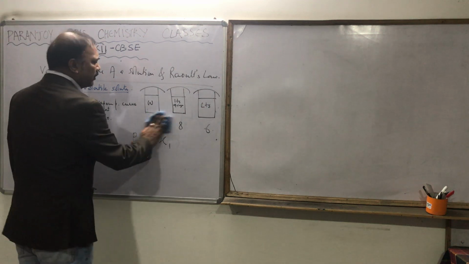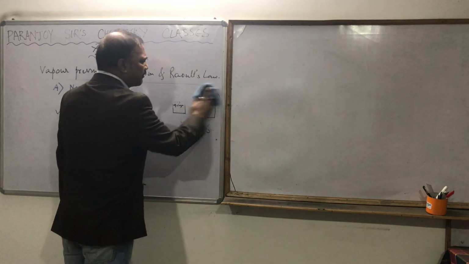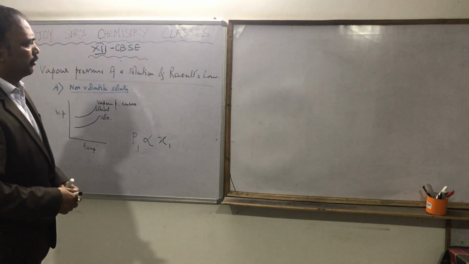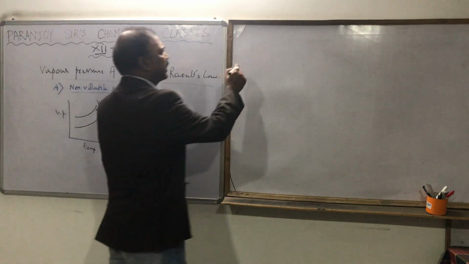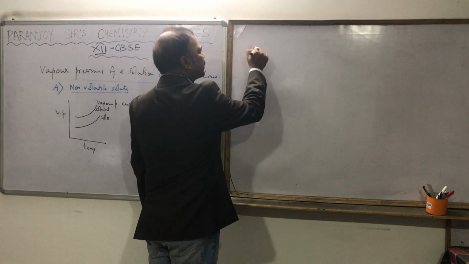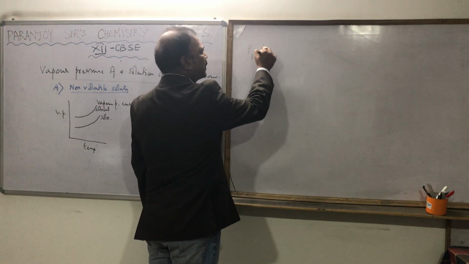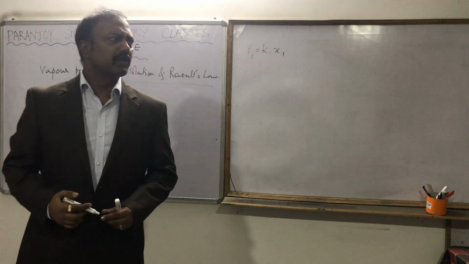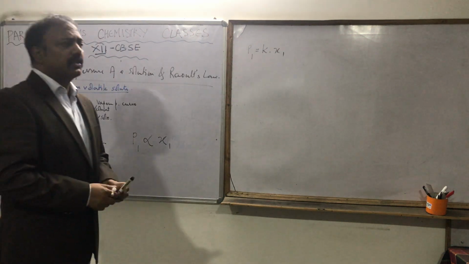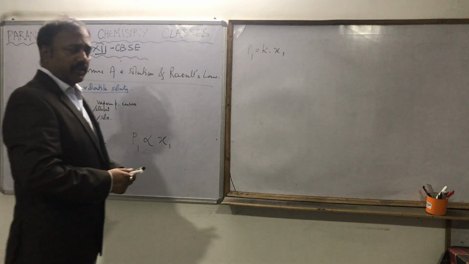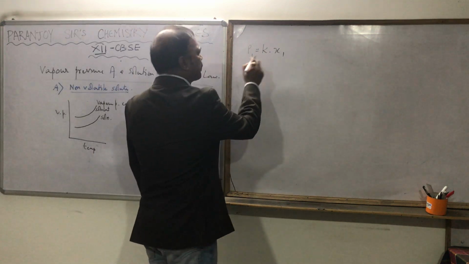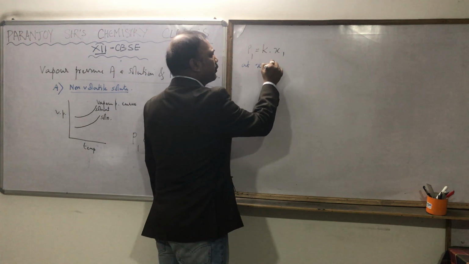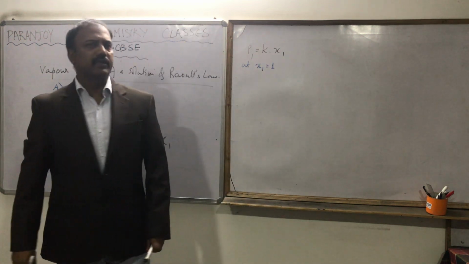It's simple. So from here, mathematically we can deduce some equation. So P1 is directly proportional to x1. So you can write P1 is equal to some constant into x1. Suppose k into x1. What is x1? x1 is the mole fraction of solvent. Now suppose we are putting some condition at x1 equal to 1. x1 equal to 1 means what?